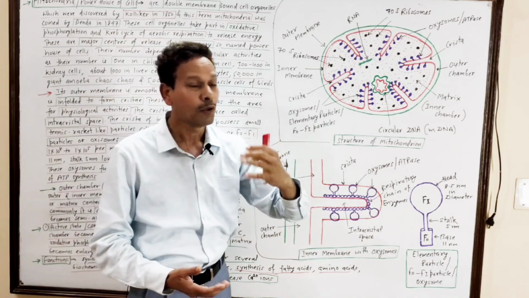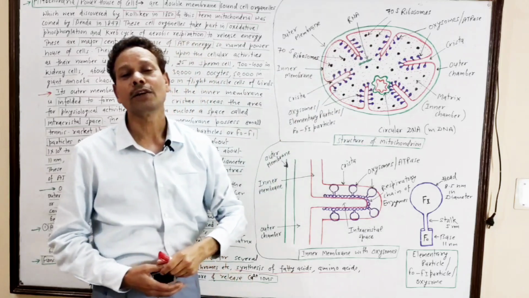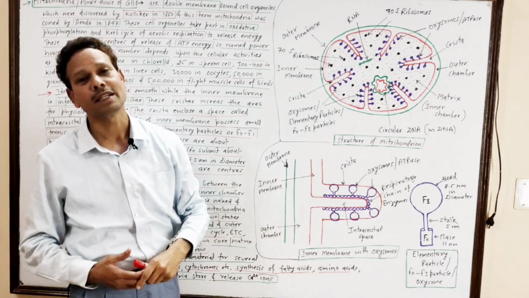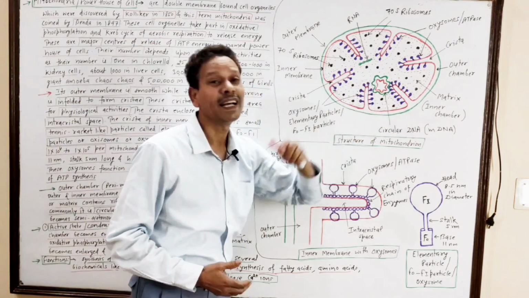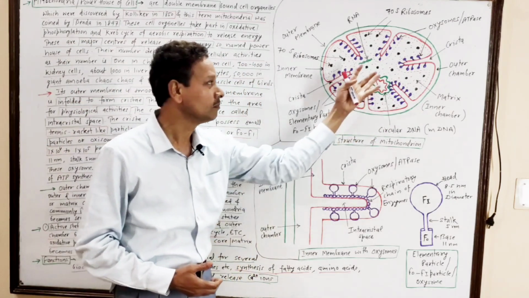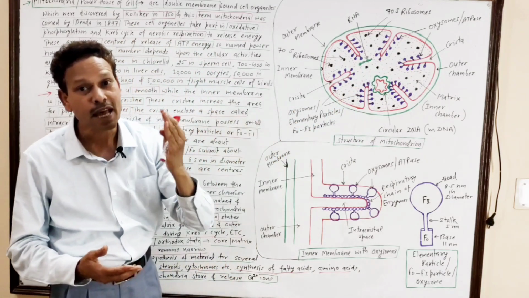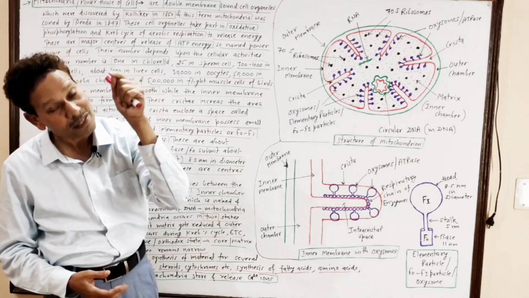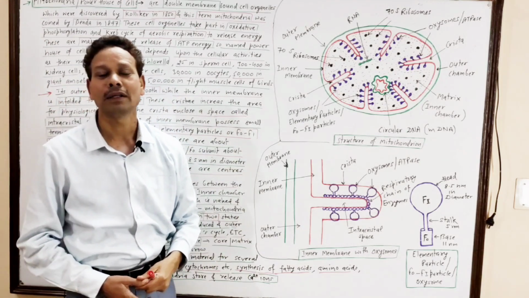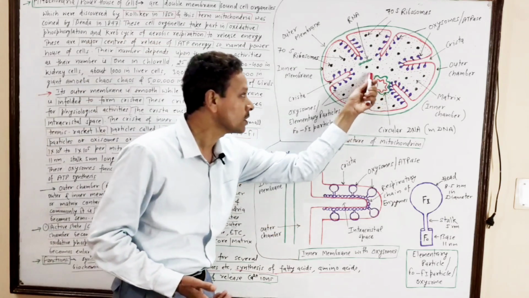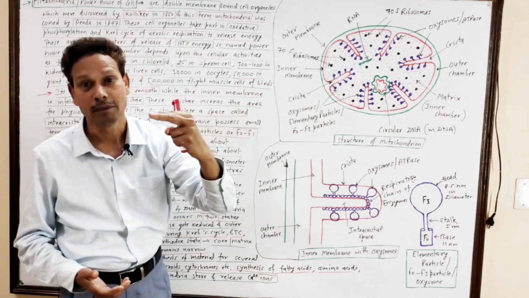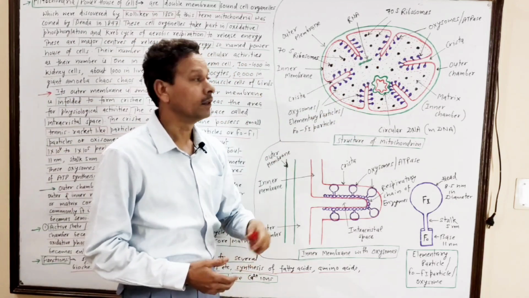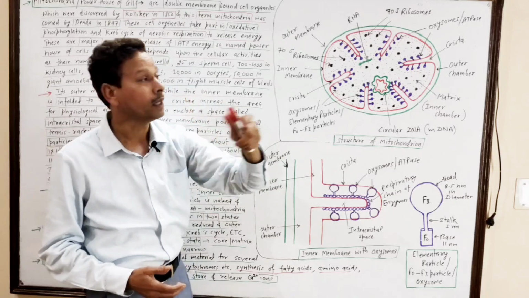Dear students, when the number is required, the mitochondria undergo division due to the presence of this DNA. So these are named semi-autonomous cell organelles. They are present inside the cell but have the power of division due to the presence of this naked circular double-stranded DNA, as well as RNA and ribosomes.